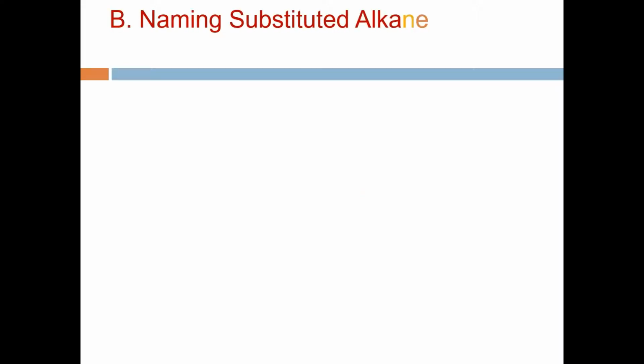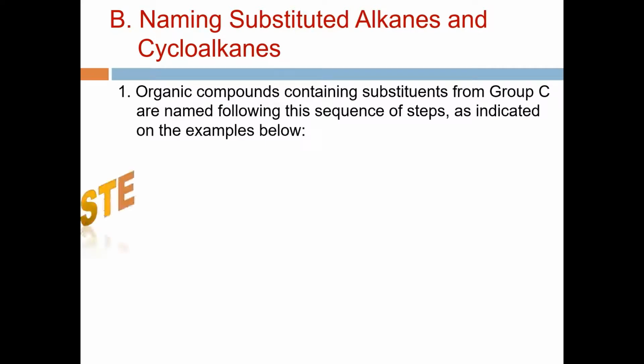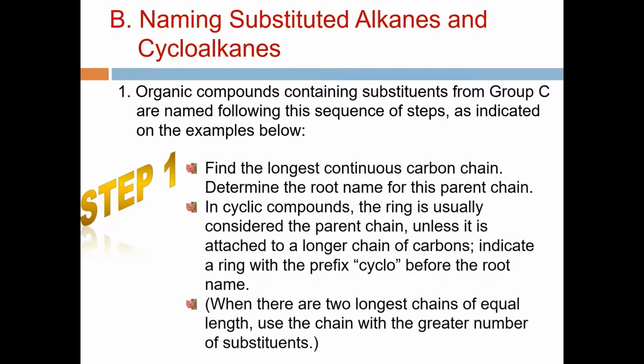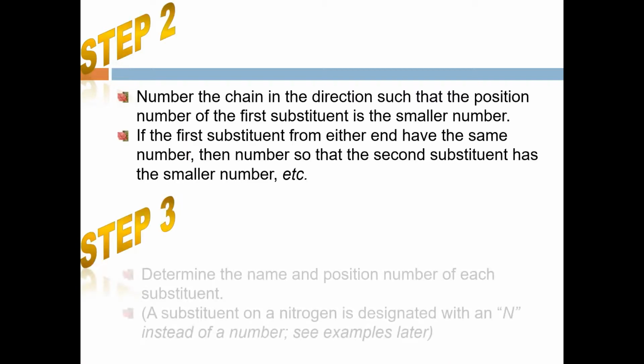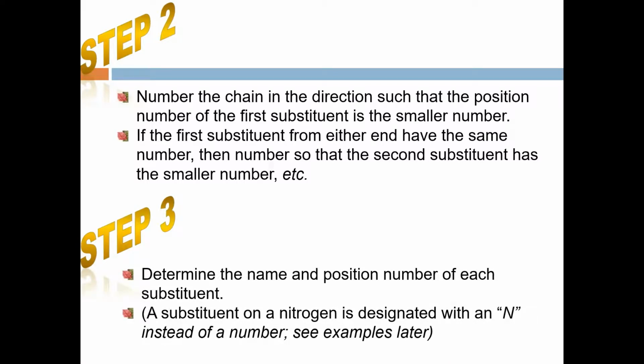These are the steps for you to take in order to name organic compounds. Step 1 is finding the longest continuous carbon chain. Step 2 is you have to number the chain in the direction such that the position number of the first substituent is the smaller number.